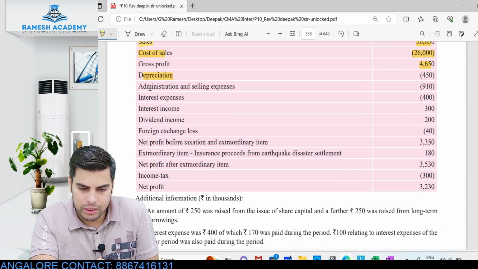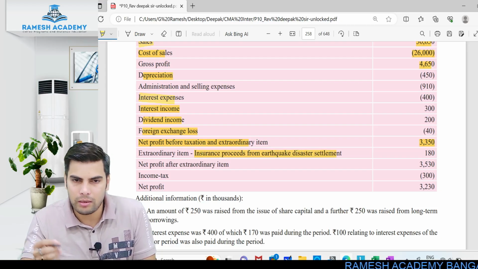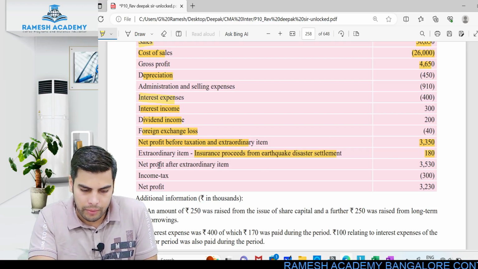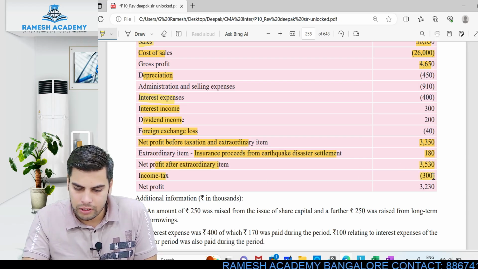Then administration and selling expenses, interest expenses, interest income, dividend income, foreign exchange loss, net profit before taxes and extraordinary items. So extraordinary item, insurance proceeds from earthquake disaster settlement. We are receiving this amount. It is an inflow. So the net profit after extraordinary item is 3,530. Income tax for the current year is 300. This is the net profit after tax.